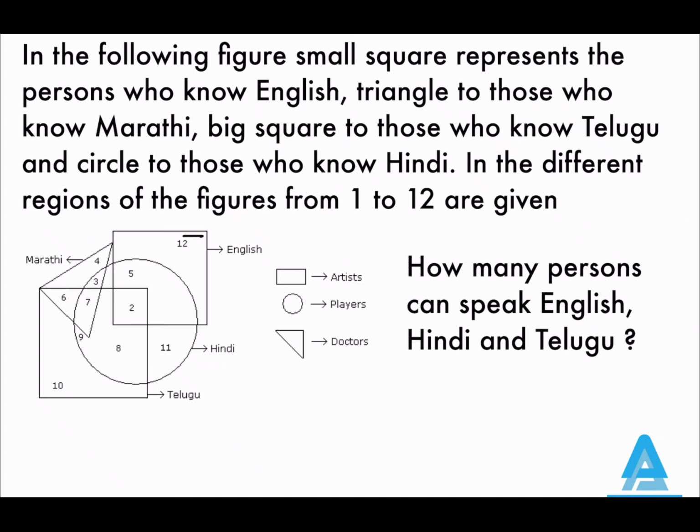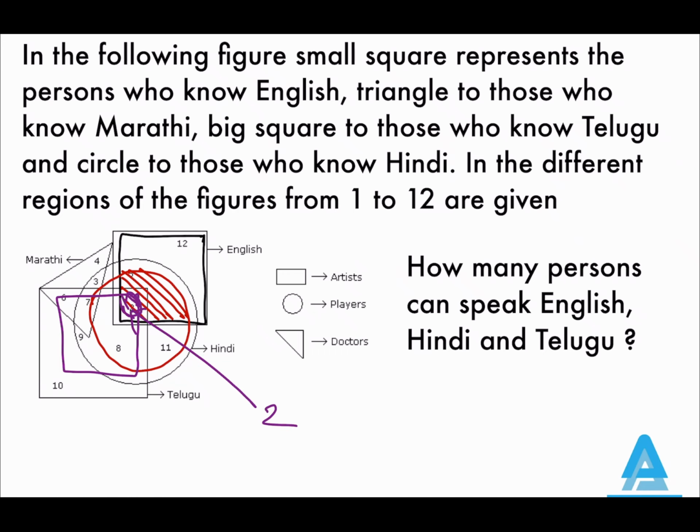Say English is this. Okay, Hindi is this. So the intersecting part is only this much, right? But Telugu, this part, Telugu. So the only intersecting part is this, that is 2. Okay.